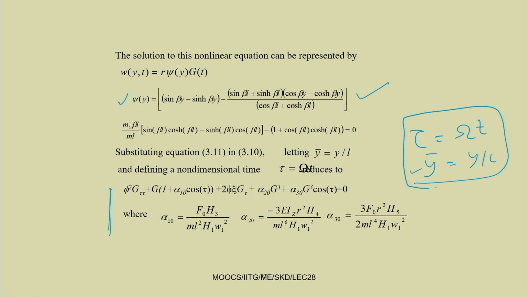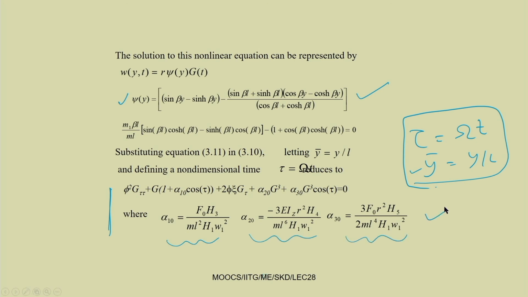In temporal form this equation can be written in this way, that is phi square del square g by del t square plus g into (1 plus alpha 10 cos tau) plus 2 phi zeta g dot plus alpha 20 g cube plus alpha 30 g cube cos tau equal to 0. Where the expressions for alpha 10, alpha 20 and alpha 30 are given here.